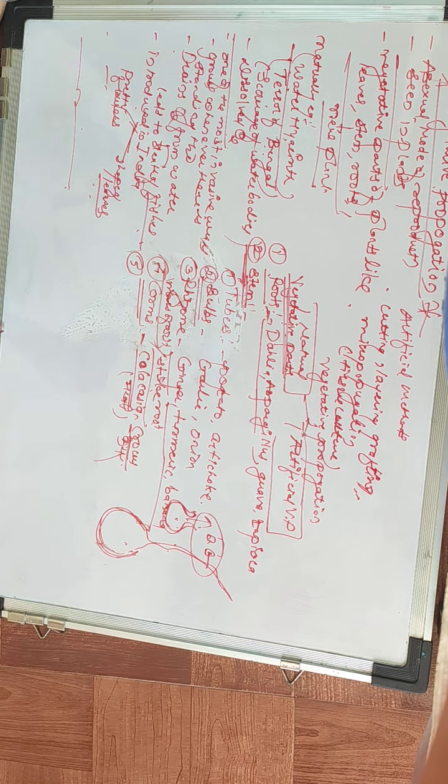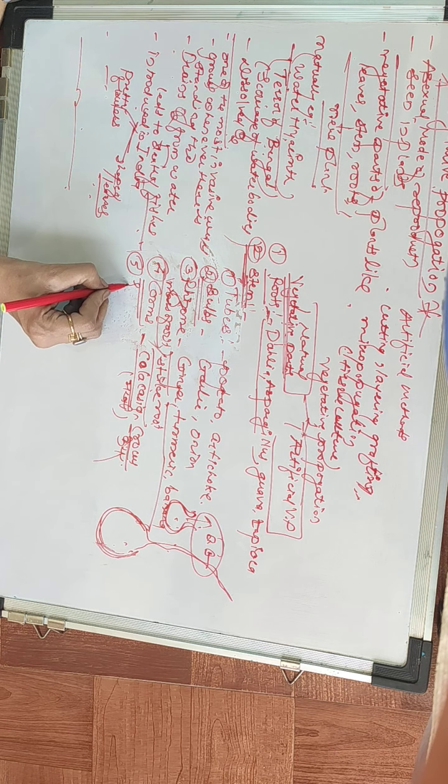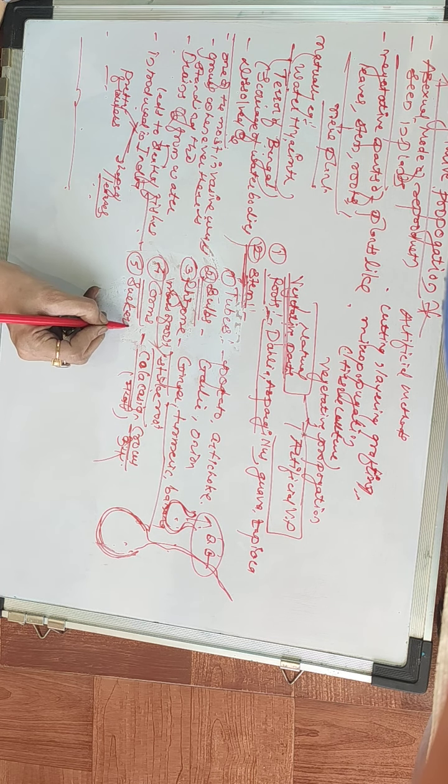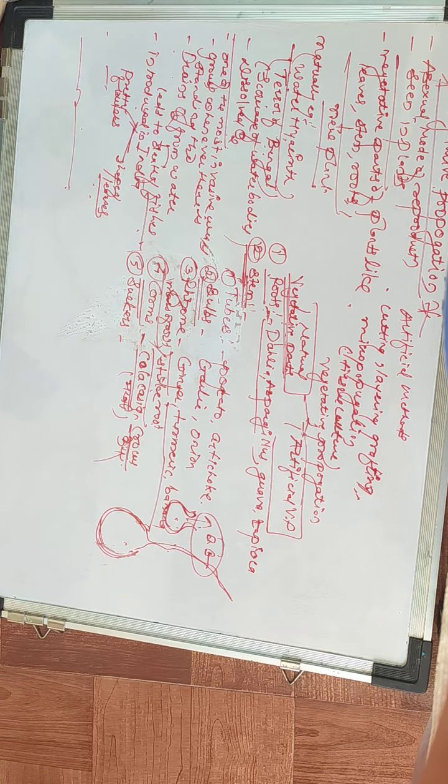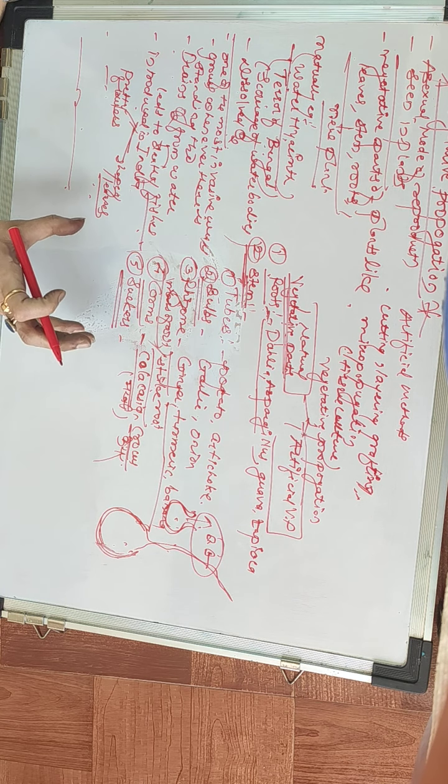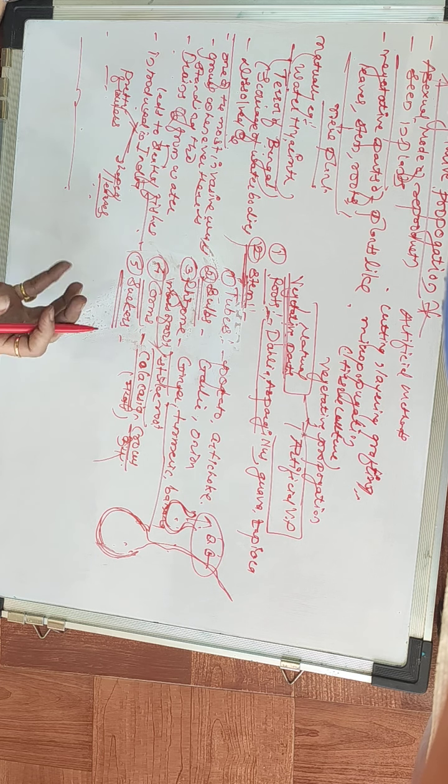The fifth part of the stem is known as sucker. So what is a sucker? A sucker does not originate from seeds, but instead grows from the base of the plant. A sucker is also part of the stem, so it does not develop from seeds.